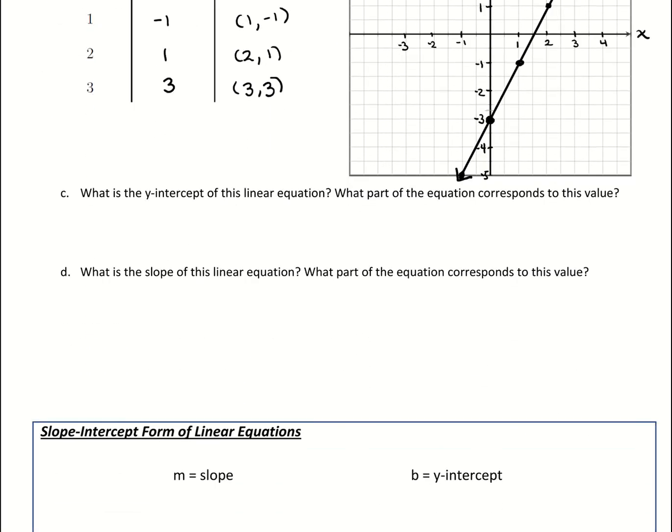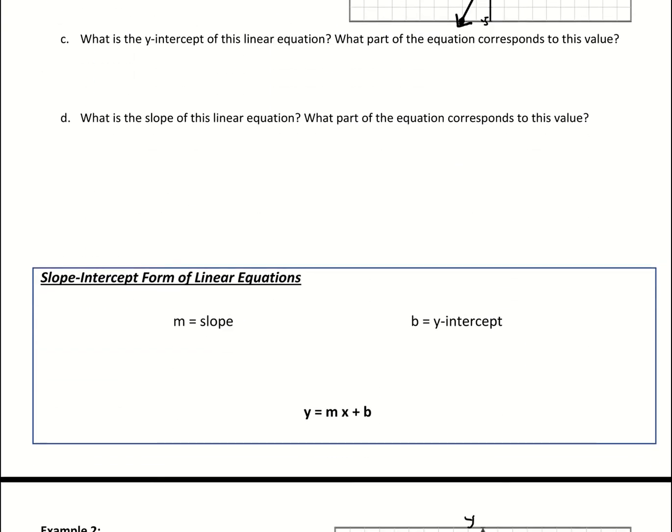So if we scroll down below, y-intercept is usually described by the letter b, and it's where we cross the y-axis. It comes through as a coordinate where x is equal to 0, and then we'll have some y coordinate, but that y value is what we use for this letter b.